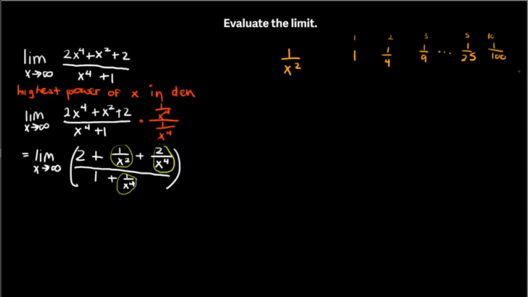So do you see a pattern here? As the x value increases, our y value gets smaller and smaller. It went from 1 to 1/4 to 1/9 to 1/25 to 1/100. As x gets larger and larger, this fraction is only going to keep getting smaller. The reason this means that it approaches 0 is because it's never going to become negative.